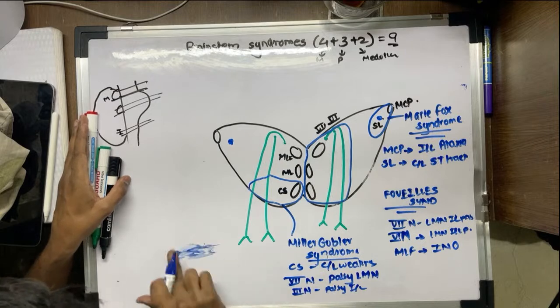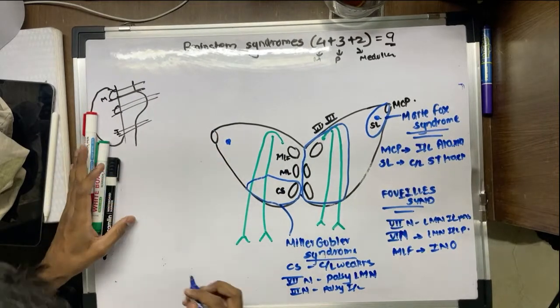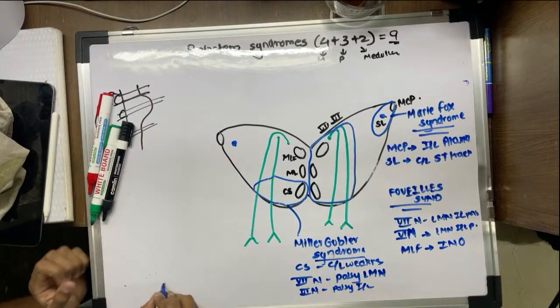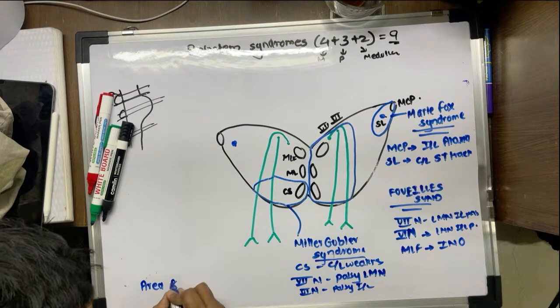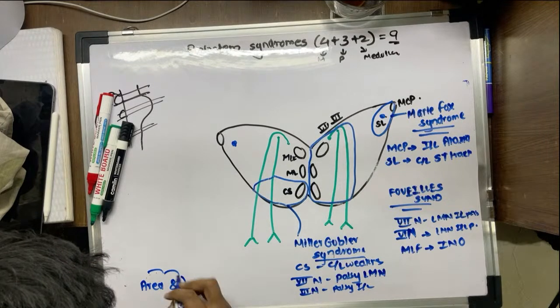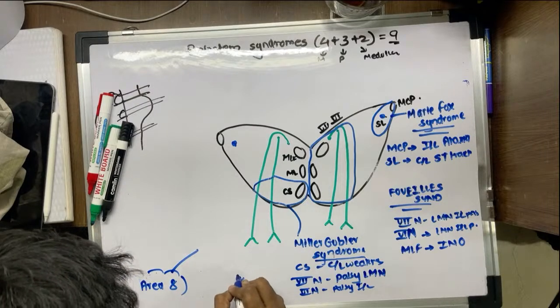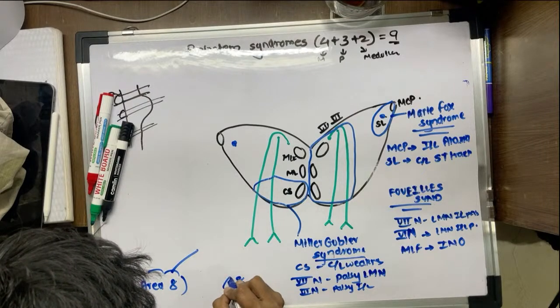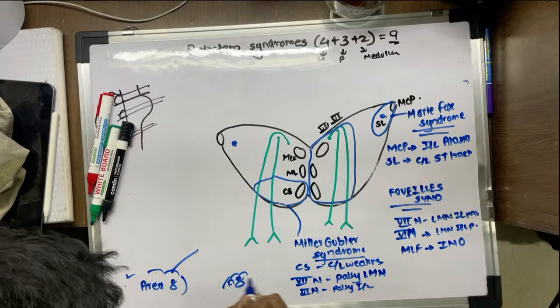So the visual pathway, I hate to go into the details, but this is how it goes. Area number 8, if you remember, is in the frontal lobe. Area number 8 of this side and area number 8 of this side. Say this is left, and this is right.